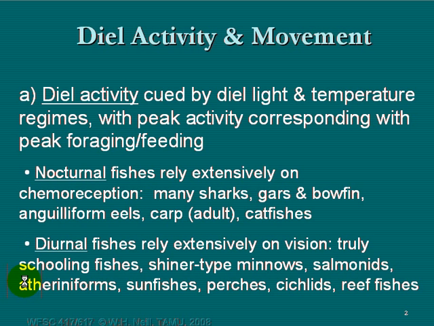Salmonids, under many conditions at least, atheriniforms, the silversides, sunfishes to some degree, perches, cichlids, and reef fishes all are diurnally active. But within these groups, there's a lot of variation, and a lot of that variation is size dependent, and I'll get to that.